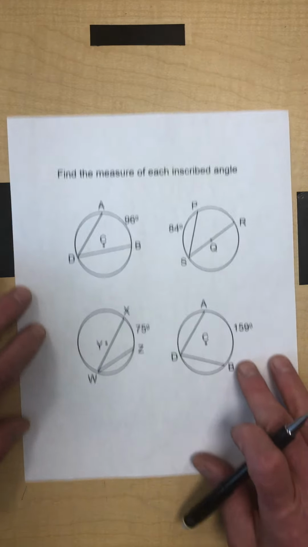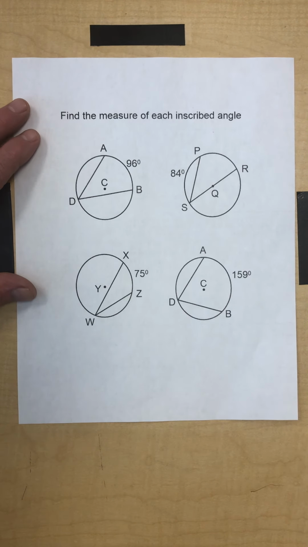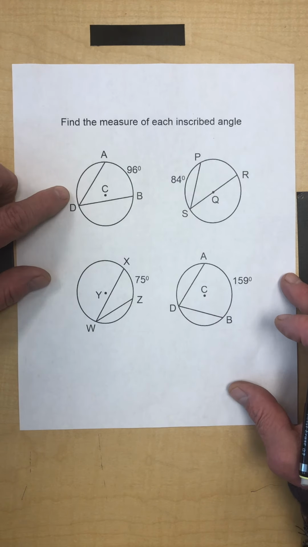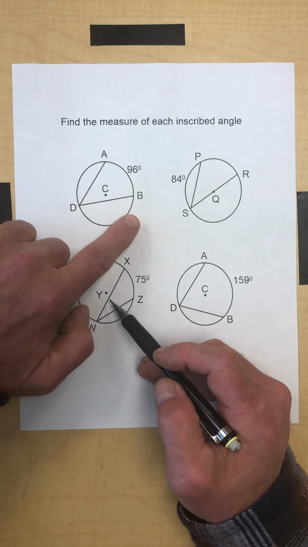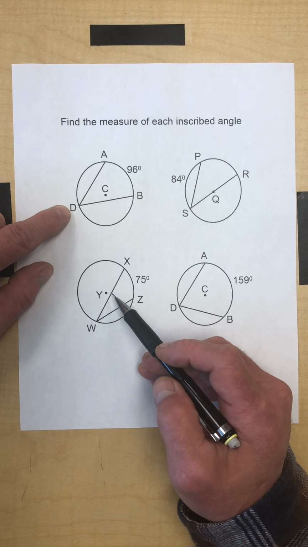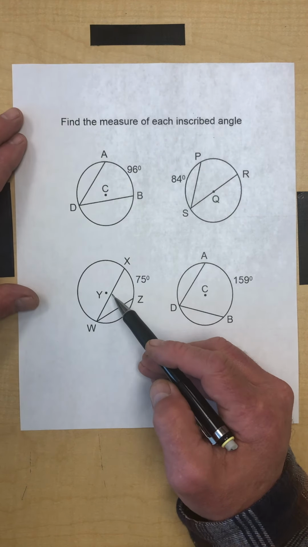If we have some situations like this, find the measure of each inscribed angle. Take a look at the top left one. Notice that angle ADB is an inscribed angle because its vertex D is on the circle. So the measure of that inscribed angle has to be half the measure of its intercepted arc.